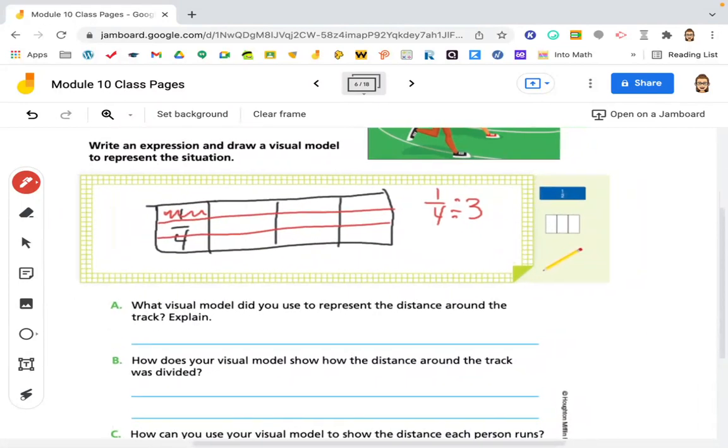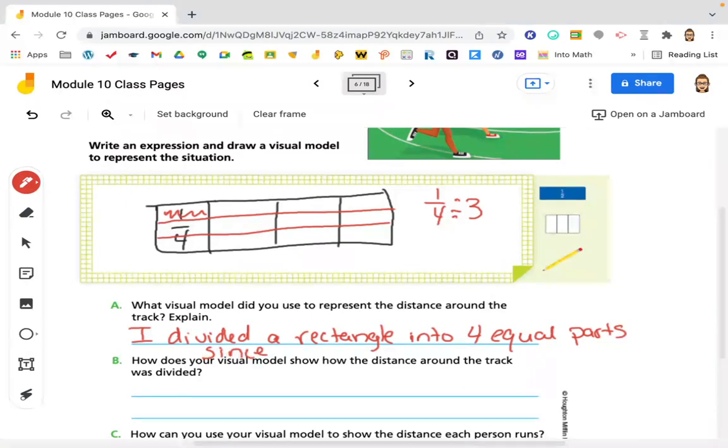So what visual model did you use to represent the distance around the track? Explain. I divided a rectangle into 4 equal parts, since the track is 1/4 mile.